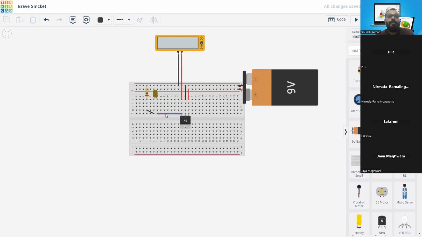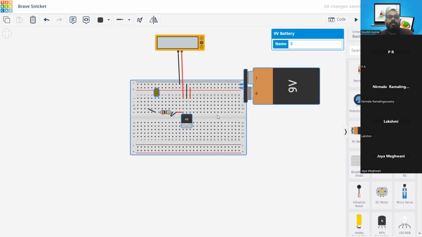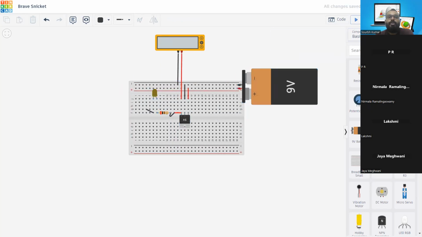Even if I replace this resistor in here, let me bring this resistor here and rotate it a little bit. If I place the resistor and connect the wires like this, what will happen? See, there will be no change. Let me connect this negative pin directly to the negative. Now it is connected properly. It will work perfectly, there is no issue on that.